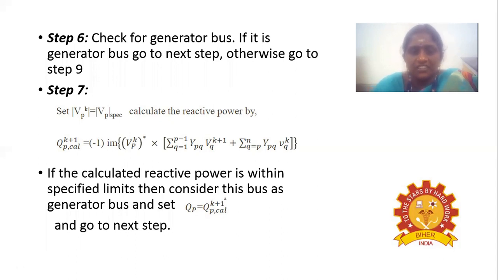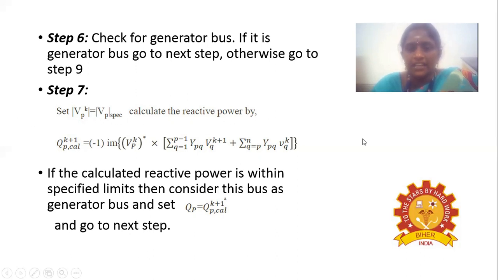So initially for the second bus, V2(0) will be equal to V2 specified. V2 specified will be given, because for a generator bus the real power and magnitude of voltage are given. So whatever the given value, you have to take it.